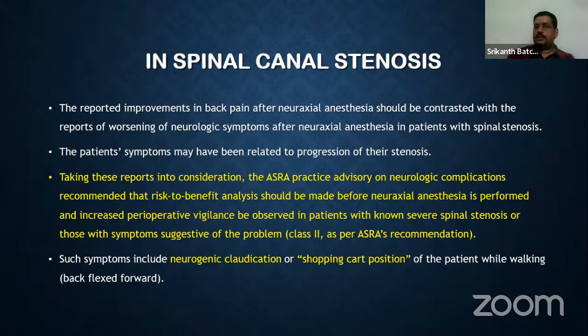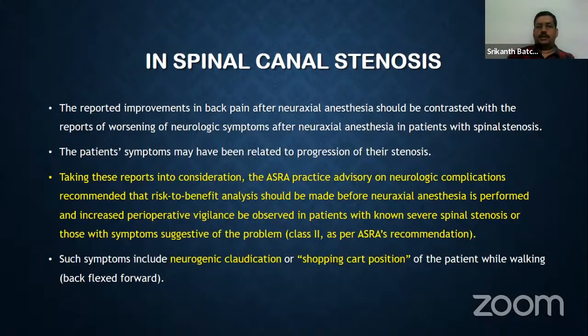One is neurogenic claudication, where the patient will complain of very severe back pain if they walk 10 or 15 steps, and they have to sit down for their back pain to settle before walking further. Another is the shopping cart position of the patient while walking, walking with the back flexed forward, like we see in very old days.